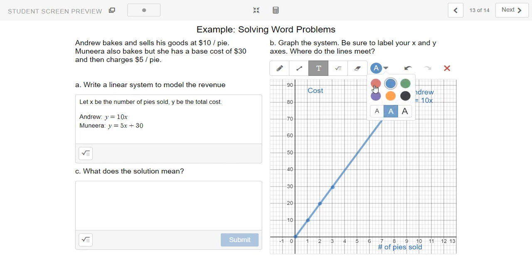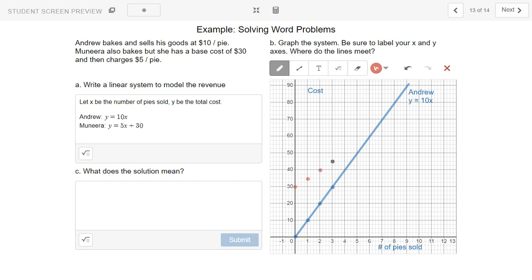Manira now, I'm going to use red. Manira has a $30 base cost. And for each pie, she charges $5. So 5 over 1. I'm going to increase by 5, run by 1.